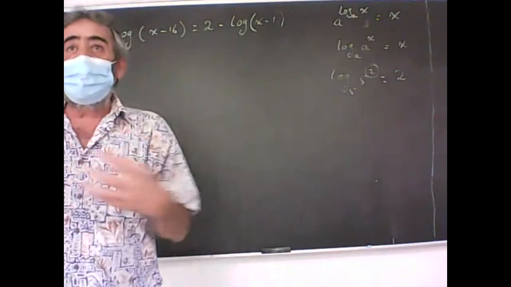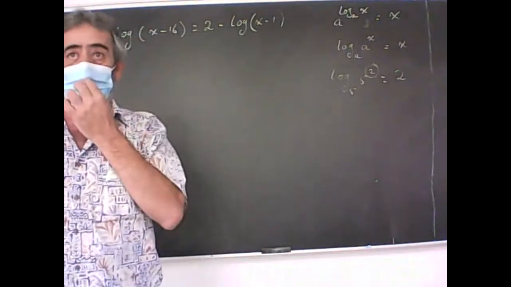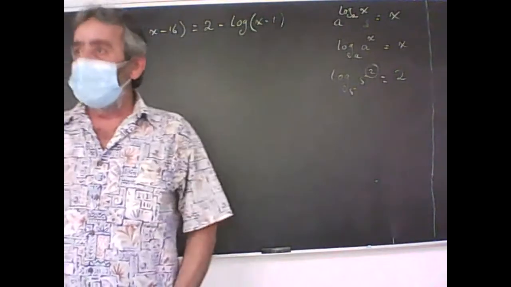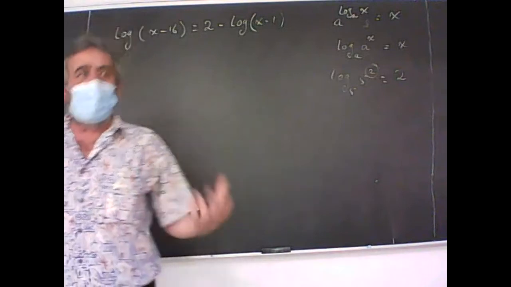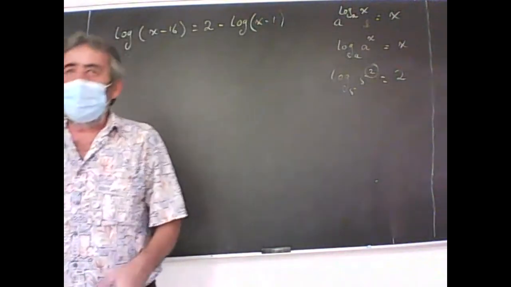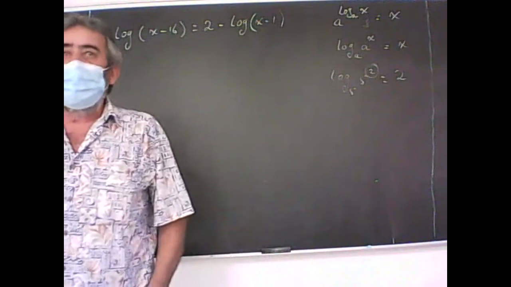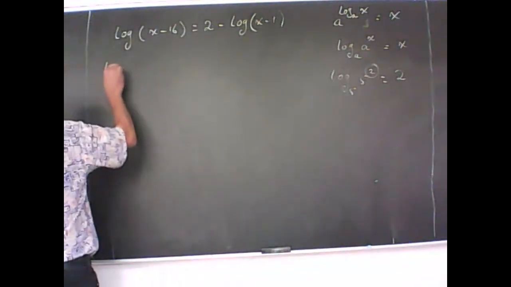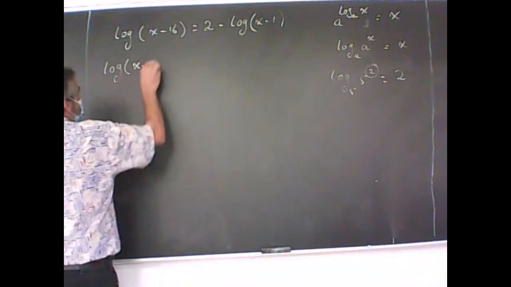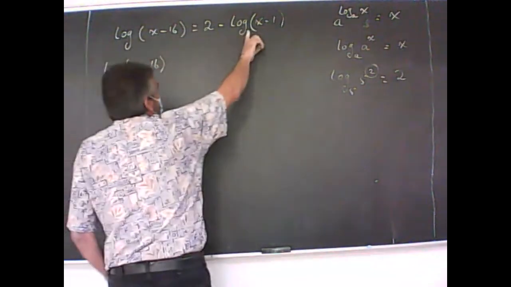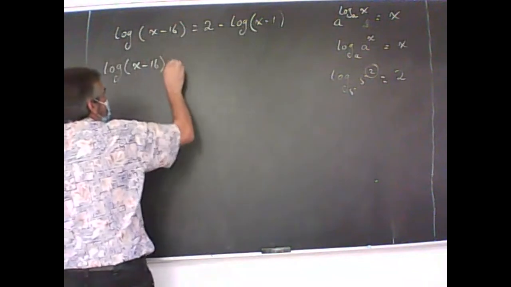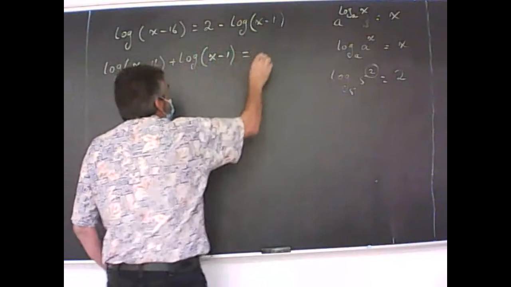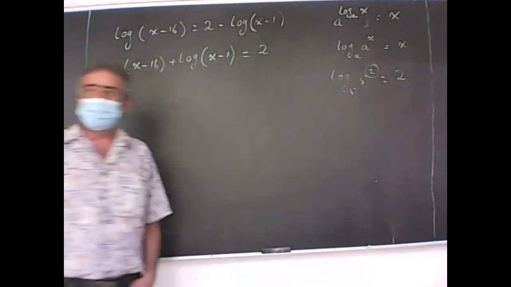Well, I'm going to try to combine all the logs into one. And maybe then I can use the same technique we just did to solve. Yeah? Well, to combine all the logs into one, I'm just going to bring all the logs together into one side. So I'm going to say log x minus 16. This log, I'm going to bring it to this side, plus log x minus 1 equal 2.